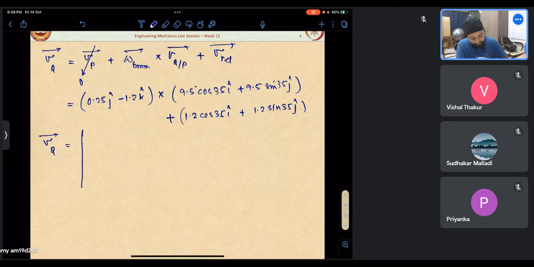I have i, j, k; 0, 0.25, minus 1.2; 9.5 cos 35, 9.5 sin 35, and 0. Plus, we just need to add this vector.